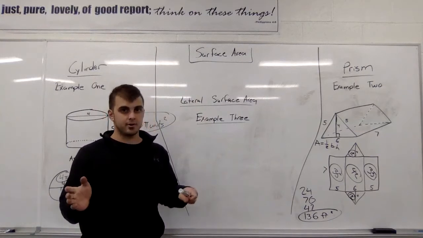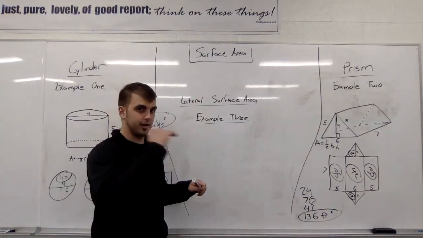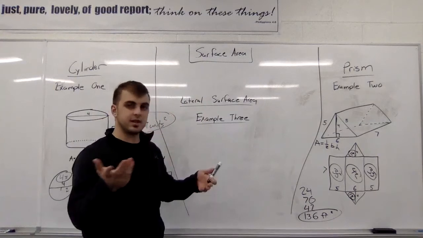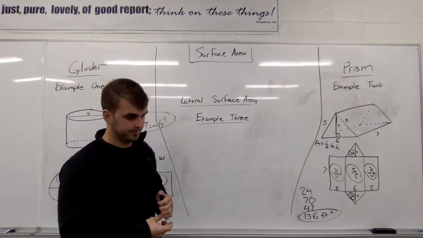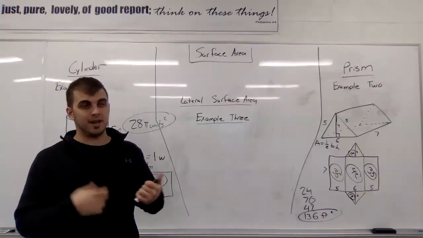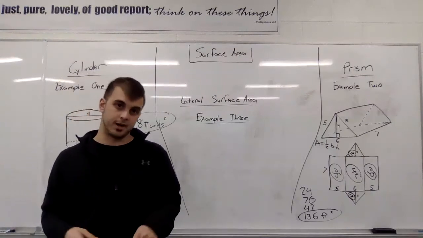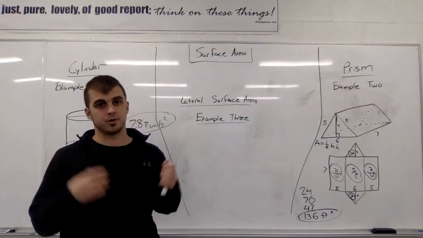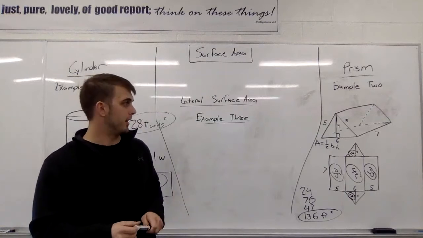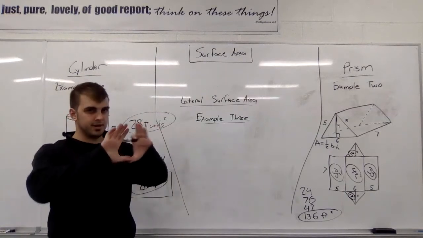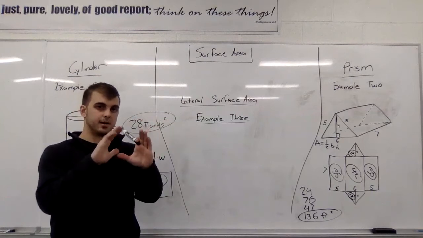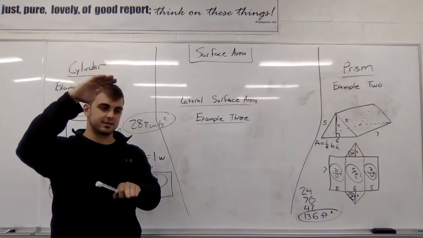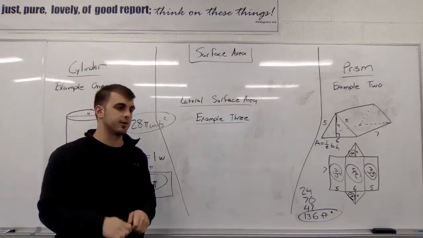But with lateral surface area, you're talking about everything on a lateral plane. So everything that's on this level. So typically you're talking about outside walls or painting a room. You're not going to paint the floor and the ceiling probably the same color as your outside walls. So the lateral surface is typically talking about the outside area, but not including either of the bases, not the lower one and not the higher one.